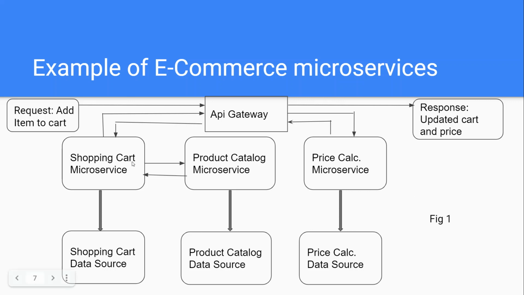Now, what happens in the background? So the interesting part is the interactions taking place behind the API gateway microservice to fulfill the request. To add the new item to the user's shopping cart, the gateway uses a few other microservices such as these three.